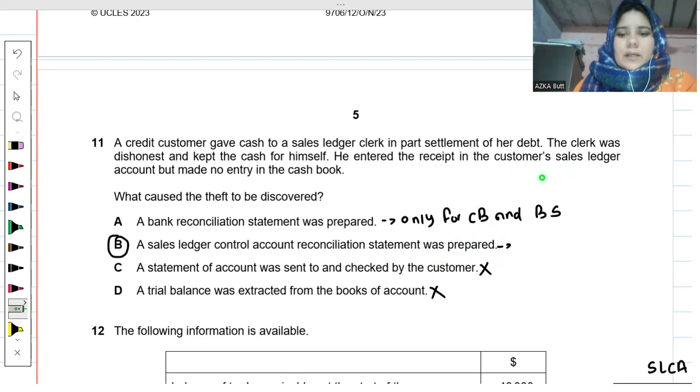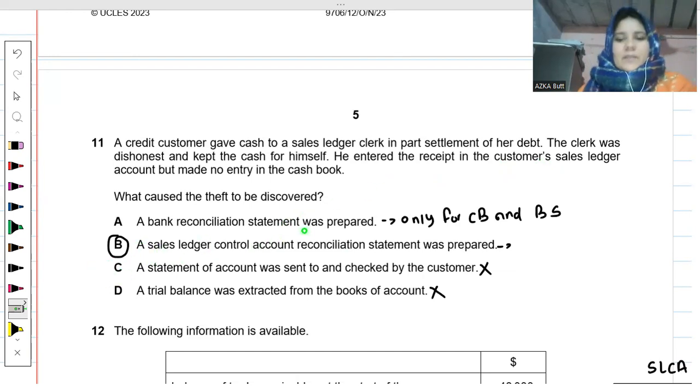But because this person has added this receipt in the sales ledger account, we cannot send this. It means we will not find out that this customer is still owing us. So that is why it is not the right option.